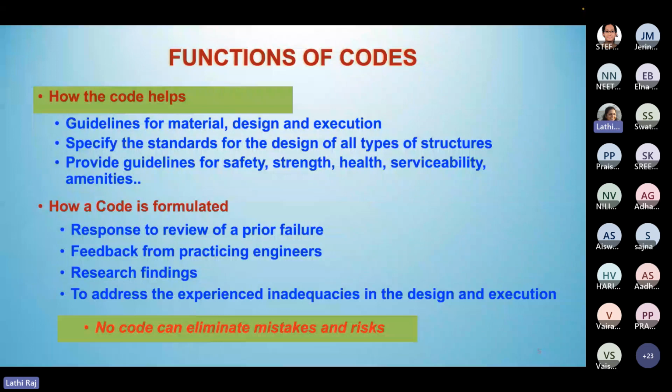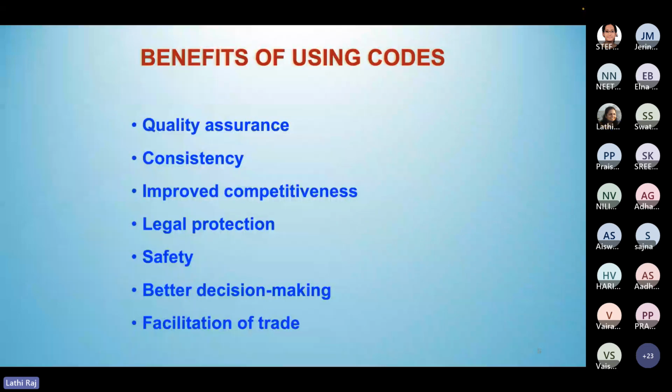Now, what are the benefits of using these codes? You can get quality, as I explained before, consistency, improved competitiveness, legal protection, safety, better decision making, and facilitation of trade. These are the things you can get while using the codes.